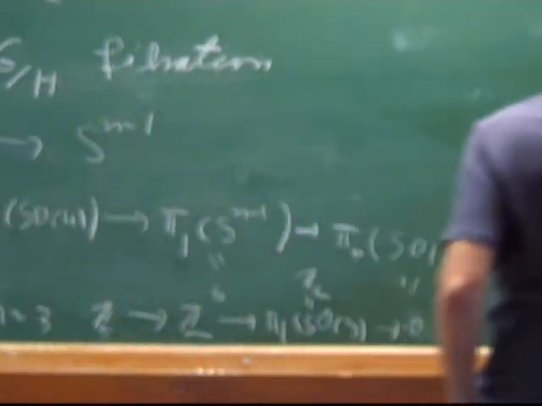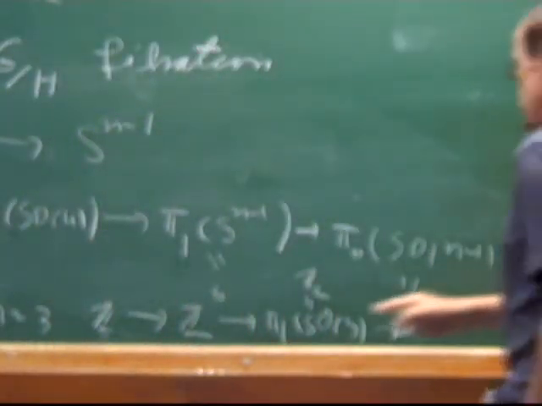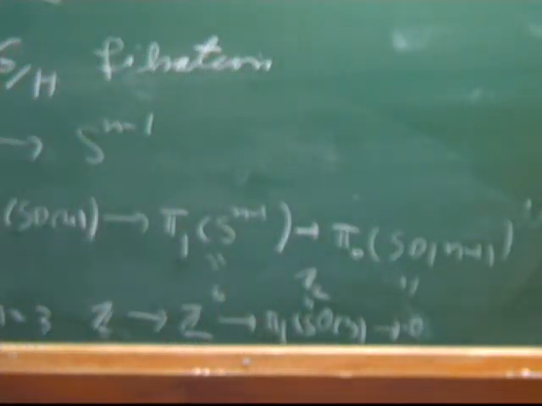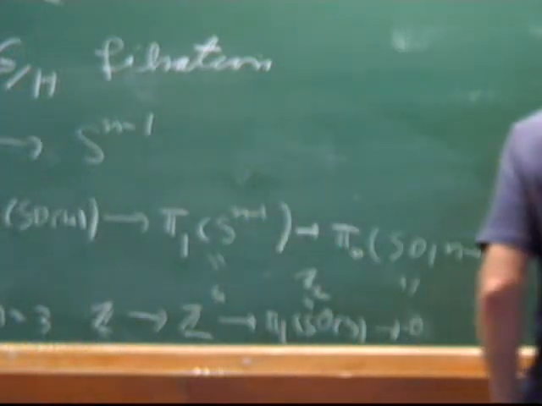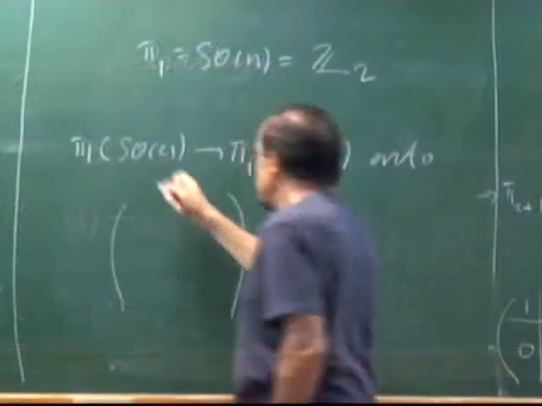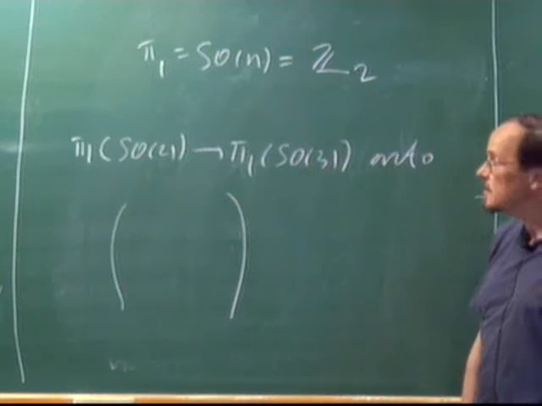So it says that pi 1 of SO2 to pi 1 of SO3 is onto. So that means a non-trivial element in SO3 I can represent by the generator in SO2. So I can just look at my matrix as something that sits inside a 2x2 matrix.